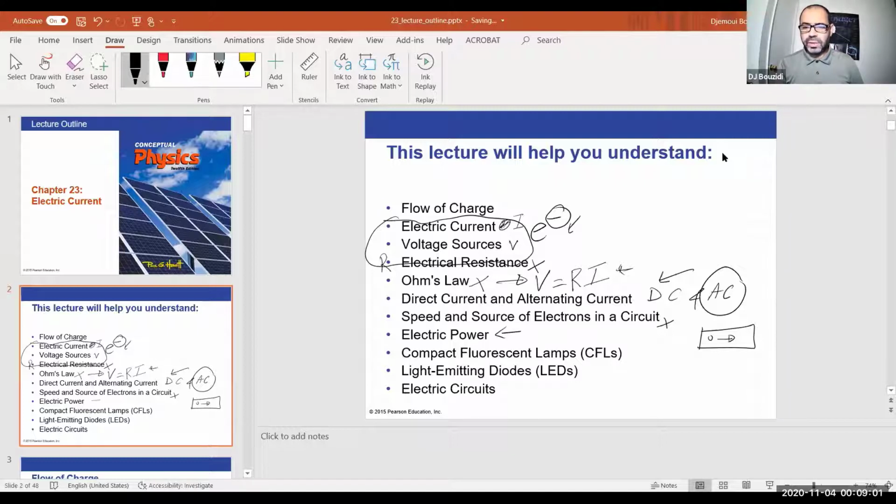Then we're going to talk about power, and power connects these two quantities too, V and I. Mathematically, you can write power as the product of the voltage and the current. Since I know the voltage in a resistor is given by this expression, in a resistor only, the power is given by this expression. So this is an alternative version of it. You don't need to remember this one; this is the one to remember.